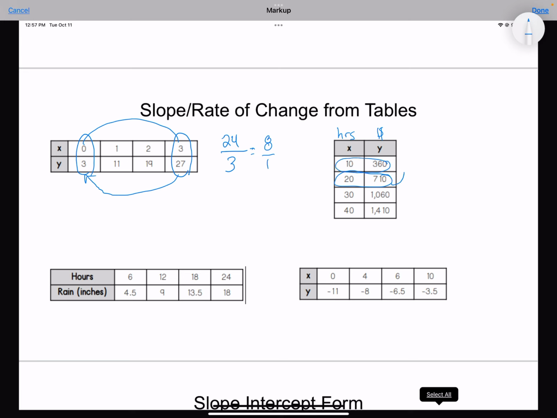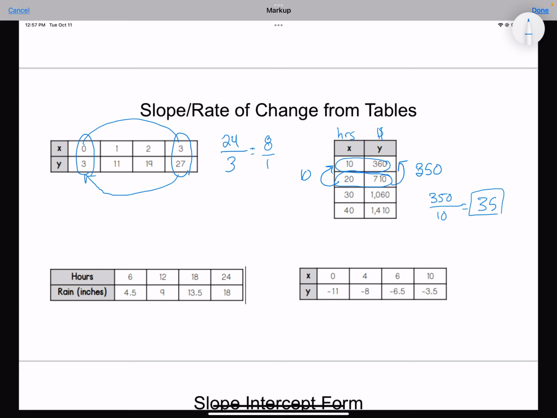I'm going to subtract going up just because it's easier to subtract. 710 minus 360. I believe that's going to give me 350. On this side, I do my x, same direction. 20 minus 10 is 10. So I have 350 over 10, which is 35. So that is the rate of change.